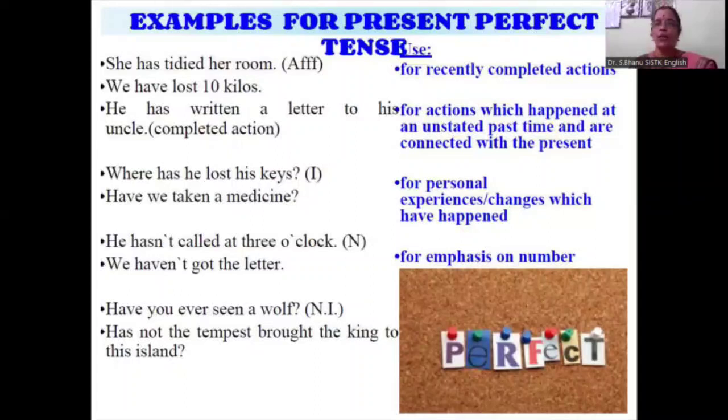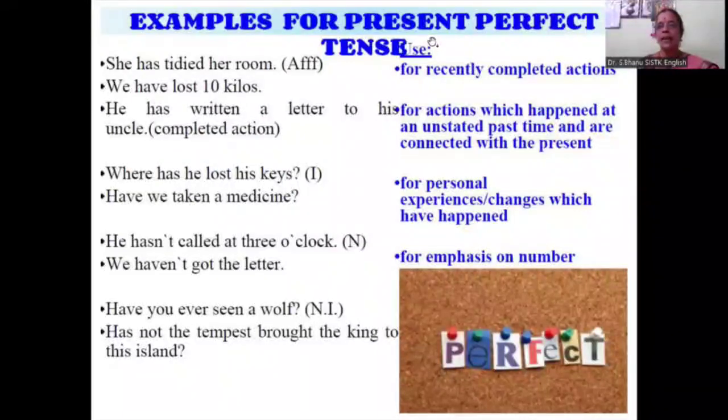Now, for actions that happened in the past and are connected with the present: where has he lost his keys? It is for personal experiences, changes. Have we taken a medicine? He has not called at 3 o'clock. We have not got the ledger. Have you ever seen a wolf? Has not the tempest brought the king to it? So these are all present perfect tense.